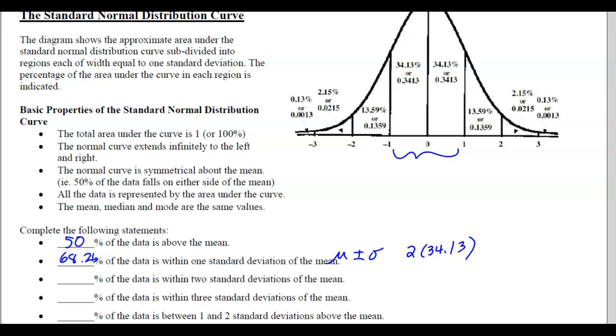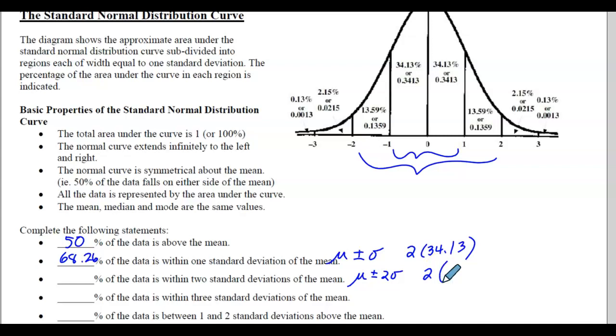Okay, and then what percent is within 2 standard deviations of the mean? So that would be this. So that's mean plus or minus 2 standard deviations. So that's going to be basically the previous value.